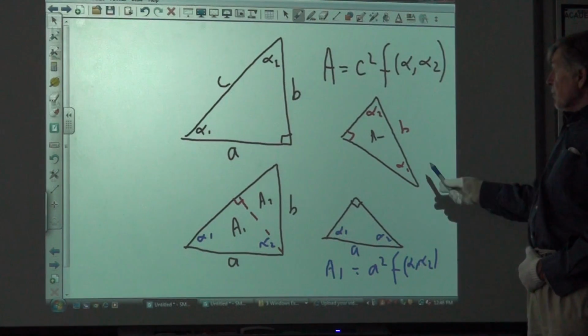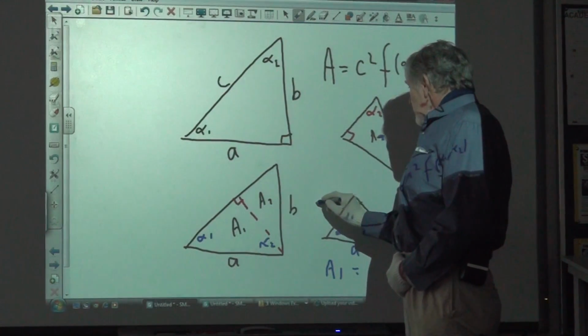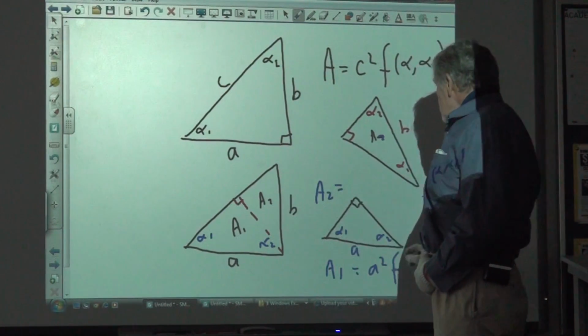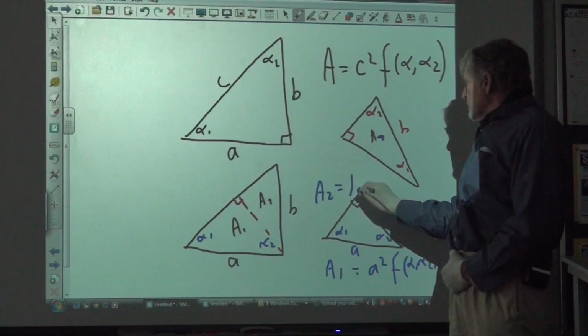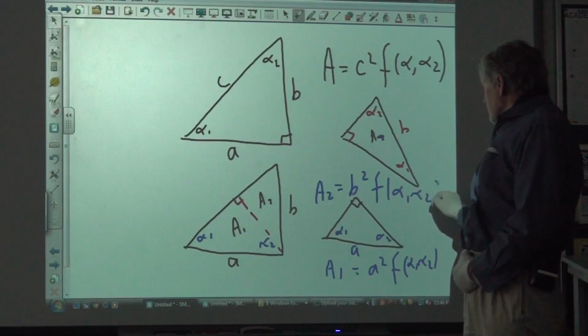Quite similarly, for triangle A2, the area A2 is equal to its hypotenuse squared, b squared, times the same function of alpha 1 and alpha 2.